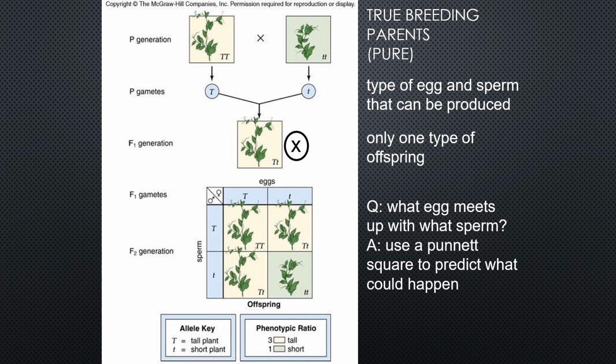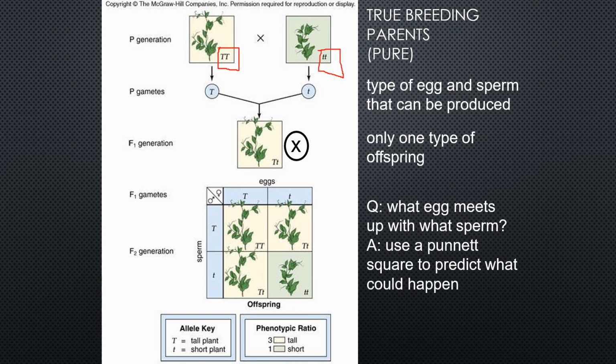So essentially, when we have a tall pea plant that has been self-pollinated over and over generations, eventually it can only produce tall plants because we have selected for that, and we come out with a homozygous tall plant. Same thing for our purebred short pea plant. It has been self-pollinated for generations to where it only produces short plants, and it is homozygous for short.